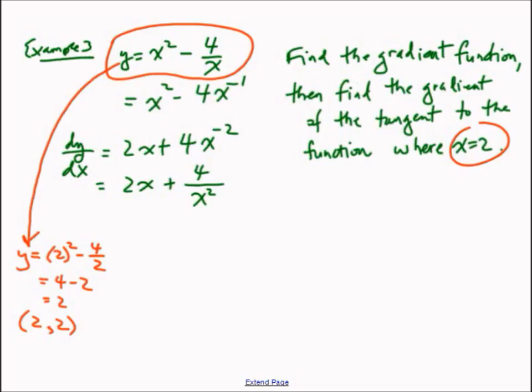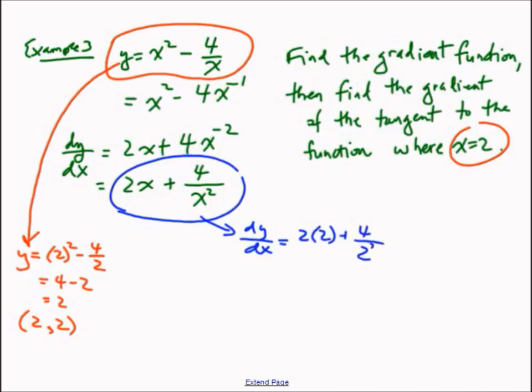Okay, so if we know the derivative, which we do, we can then substitute in 2 into this derivative formula. So 4 plus 1, which is 5.